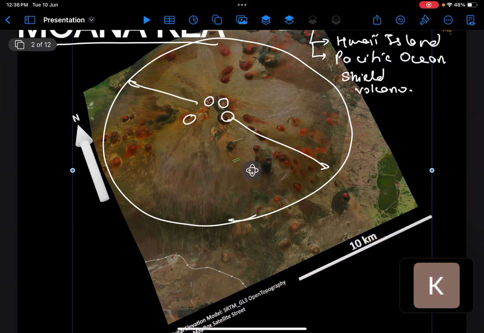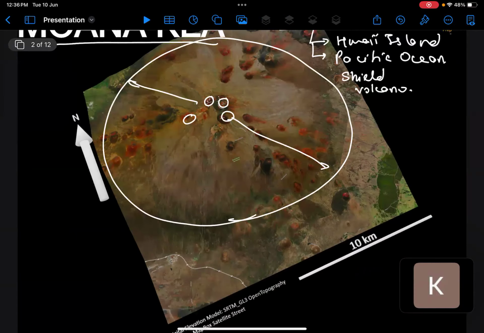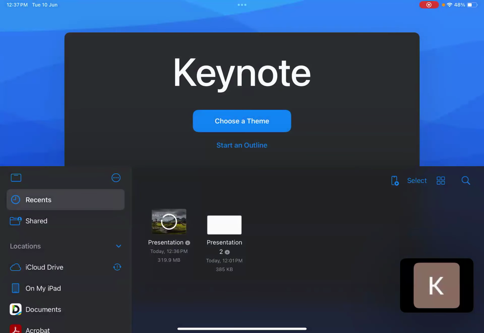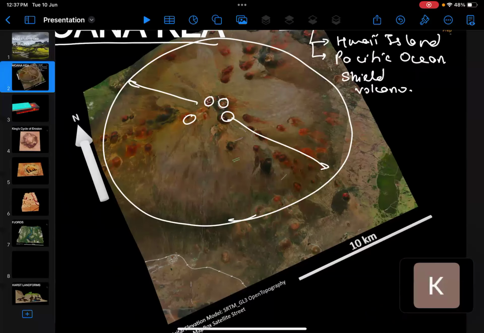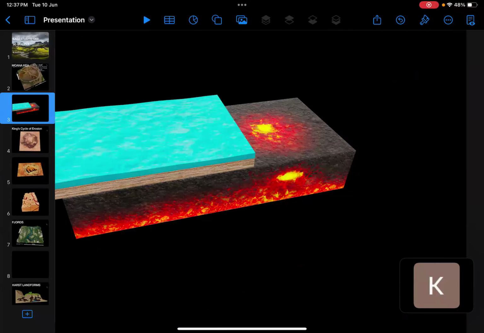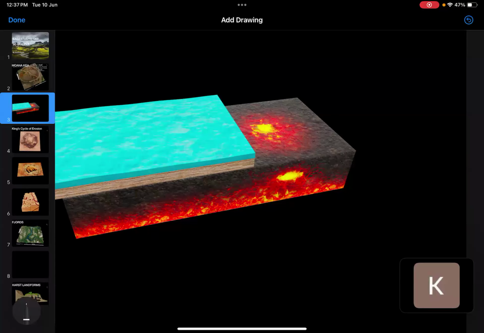If we look at how this particular landform has formed, here we need to look at the plate tectonics part. So this is the asthenosphere.